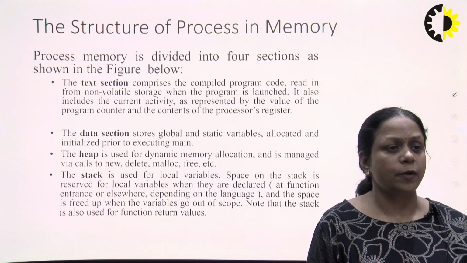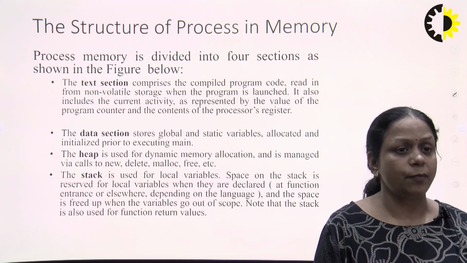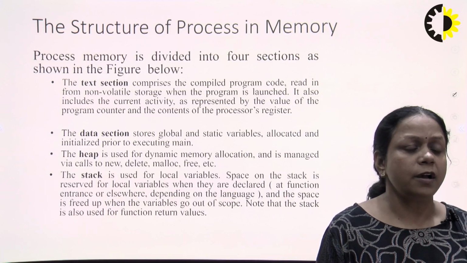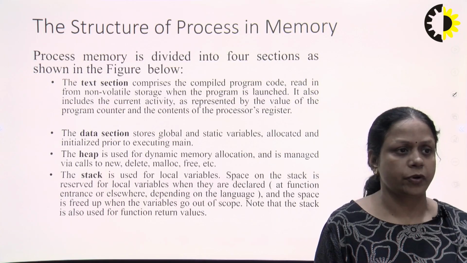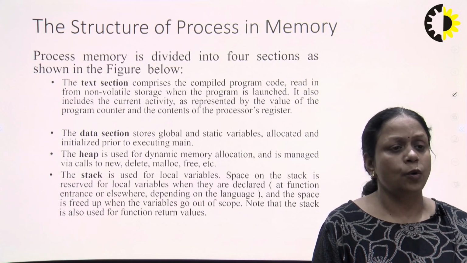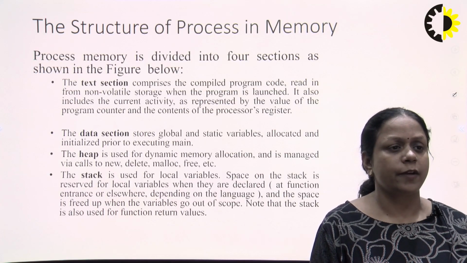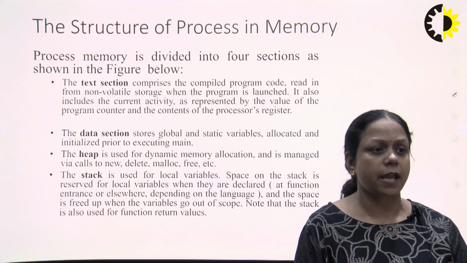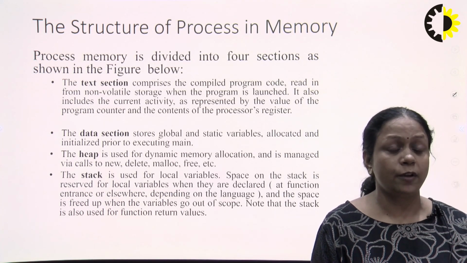Dynamic memory allocation means the memory allocation at the time of running the program, managed via calls to new, delete, malloc and free, etc. The stack is used for local variables. Space on the stack is reserved for local variables. So the fourth one is the stack, and the stack is mainly used when we execute a particular function.